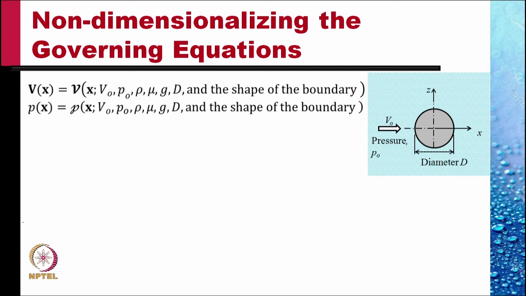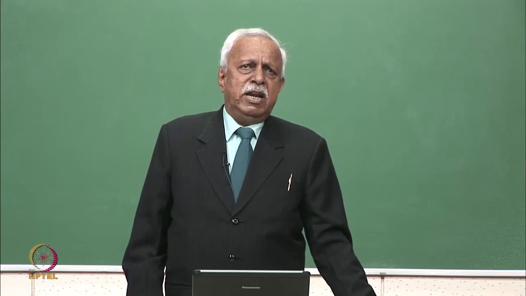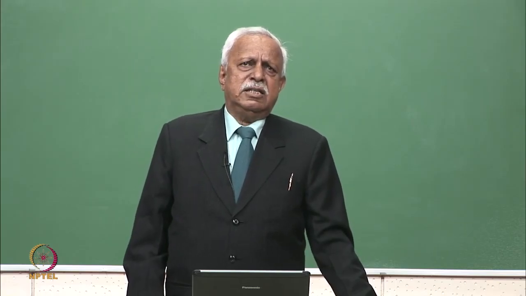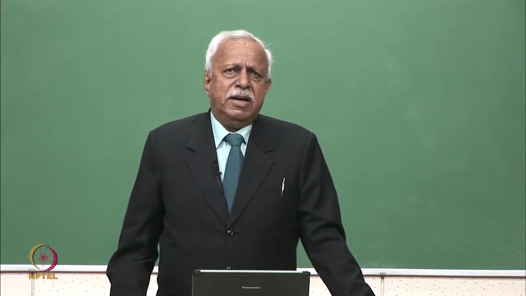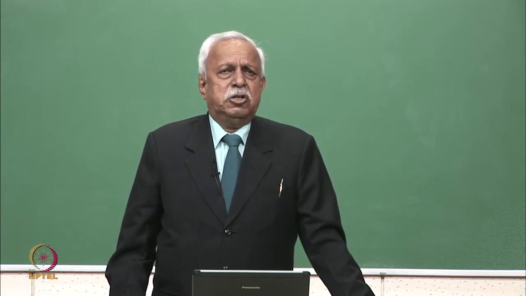The independent variables and the independent parameters are separated typically by a semicolon. Before the semicolon, the list of independent variables. After the semicolon, the list of independent parameters. Similarly, the pressure.